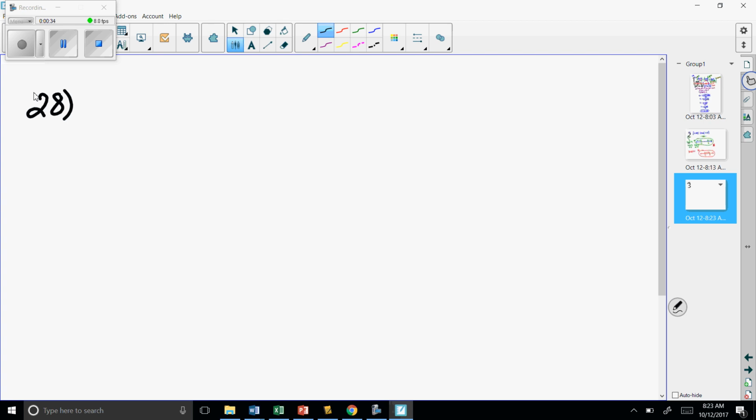All right, 28. So what we need to find, the solid is made up of the hemisphere, right cylinder, and right circular cone. They want the surface area. So I need the surface area of half a sphere. What's the next part?